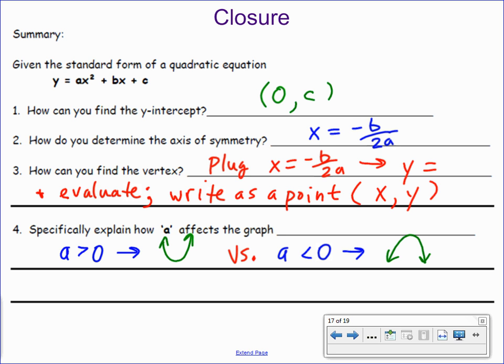If A is larger than 1, we're going to have a steeper graph than my parent function. So we can specify that as well. A greater than 1, and I'll say absolute value just because it could be positive or negative. So if absolute value of A is greater than 1, that makes a taller, steeper graph.